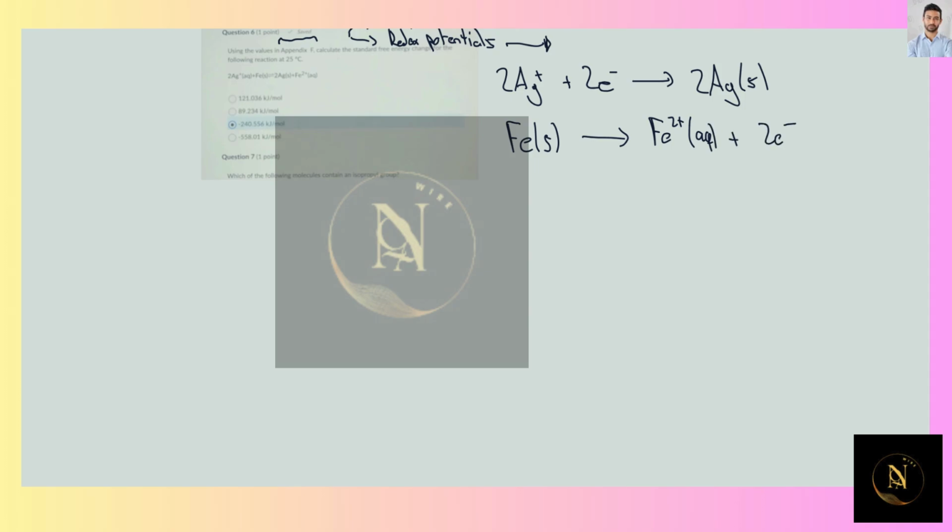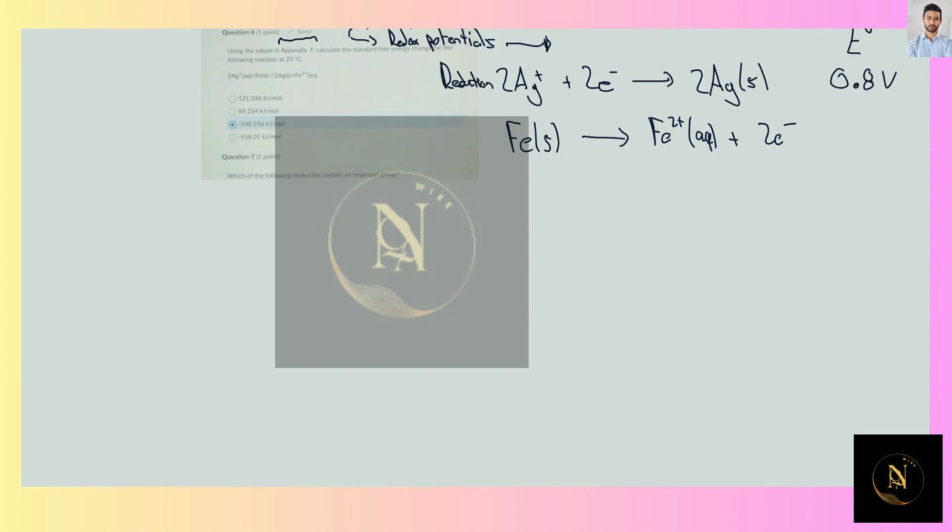In this case, remember that the redox potential is an intensive quantity, so it doesn't matter the amount of silver that we have. In the case of silver plus, the potential is associated to 0.8 volts, since this is the reduction.